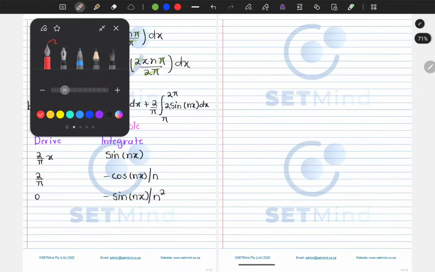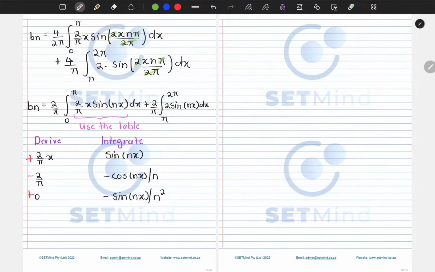Then we just need our signs, a plus, a minus, a plus, and then we compute our integral.